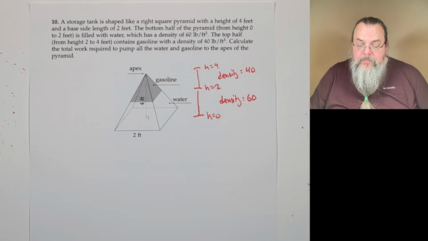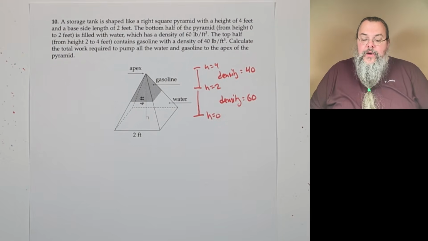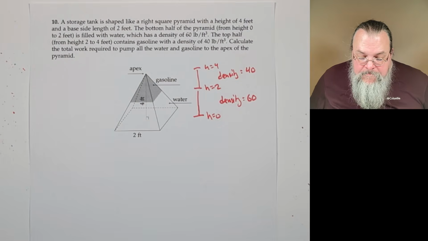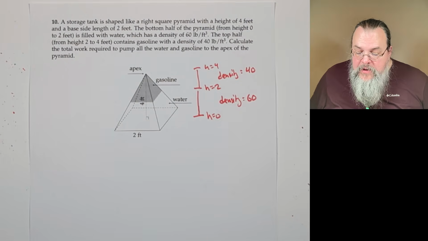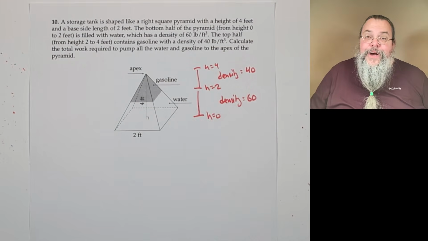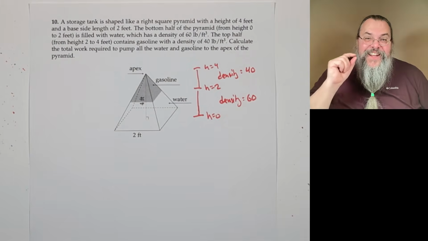All right. Well, as I look at this problem, they've already given us height by putting height 0 down here, height 2 up here, and height 4. It's actually going to make it slightly harder.